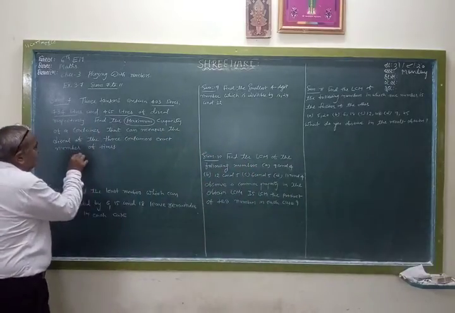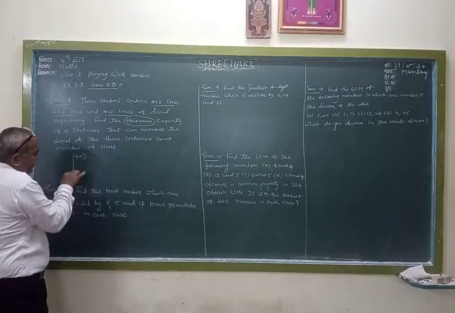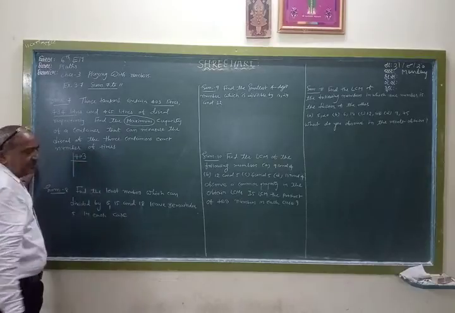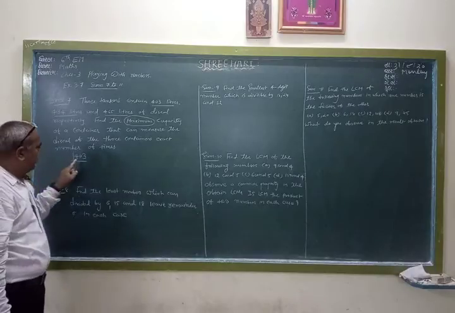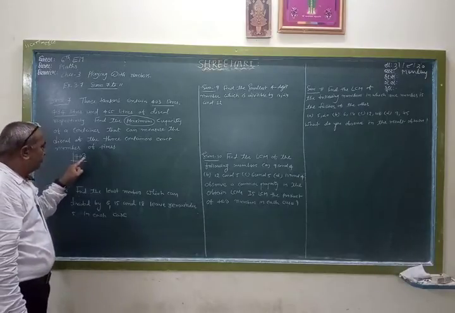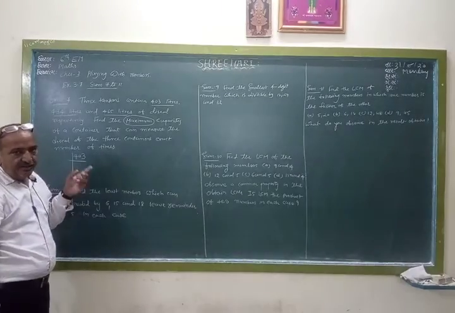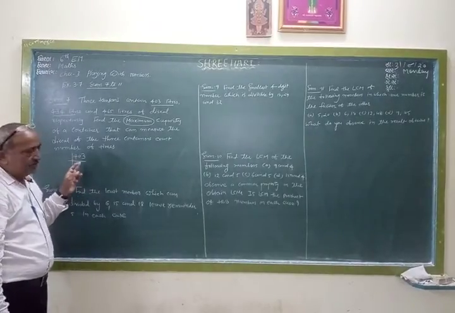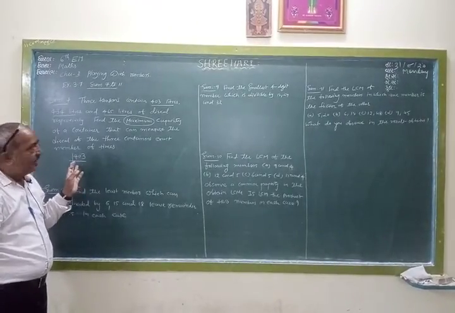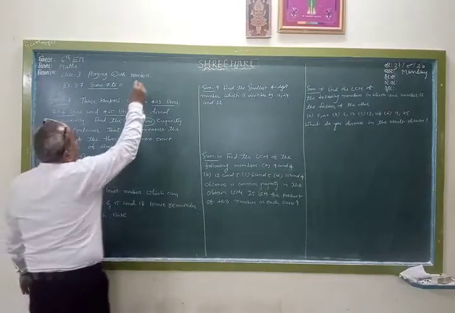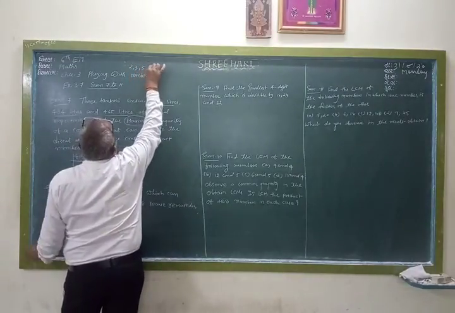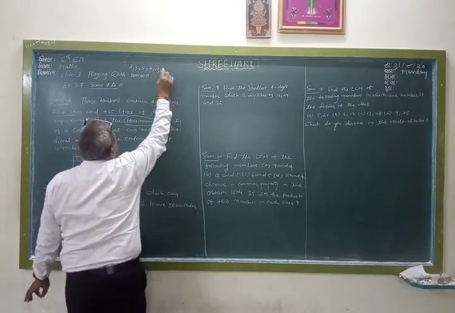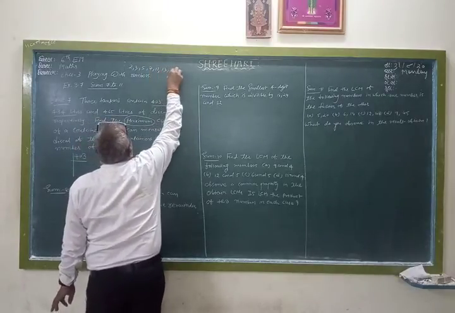First, 403. We can't divide this number by 2. So 3. Check the divisibility test of 3: 4 plus 0, 4 plus 3, 7. 7 is not divisible by 3, so this number is also not divisible by 3. This is our main list: 2, 3, 5, 7, 11, 13, 17.